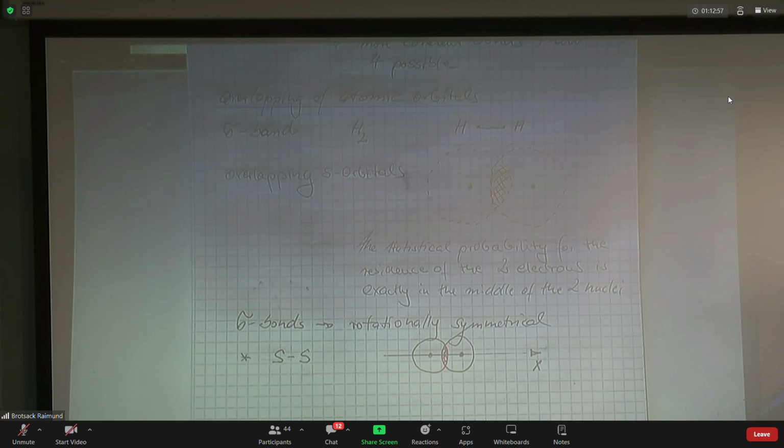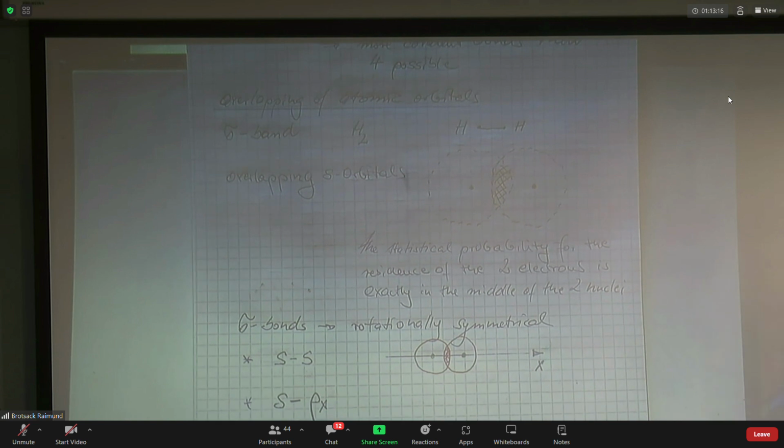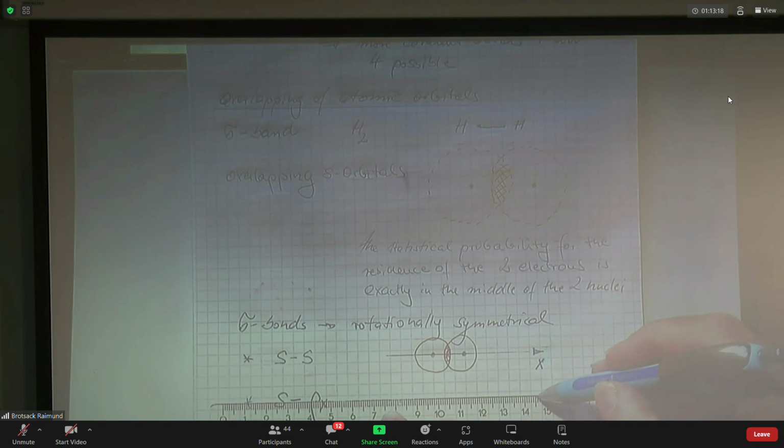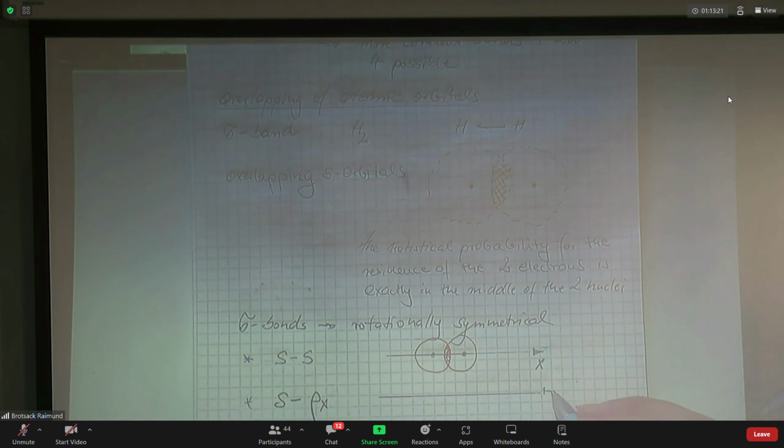Yeah. We call it dumbbell or ball-like, yes? And now we can have a structure where on the one side we have an s, and let's talk about the px on the other side. And then we are on the same x-axis again, and we have an s orbital and a p orbital.